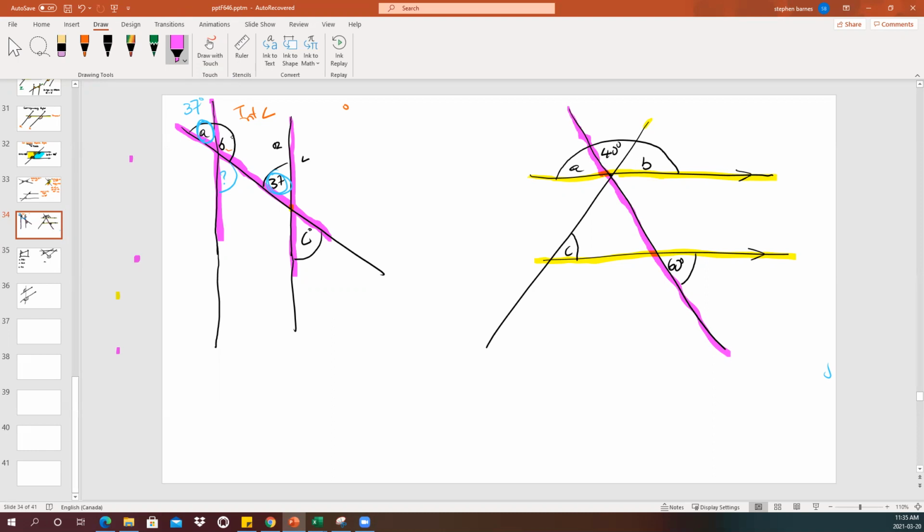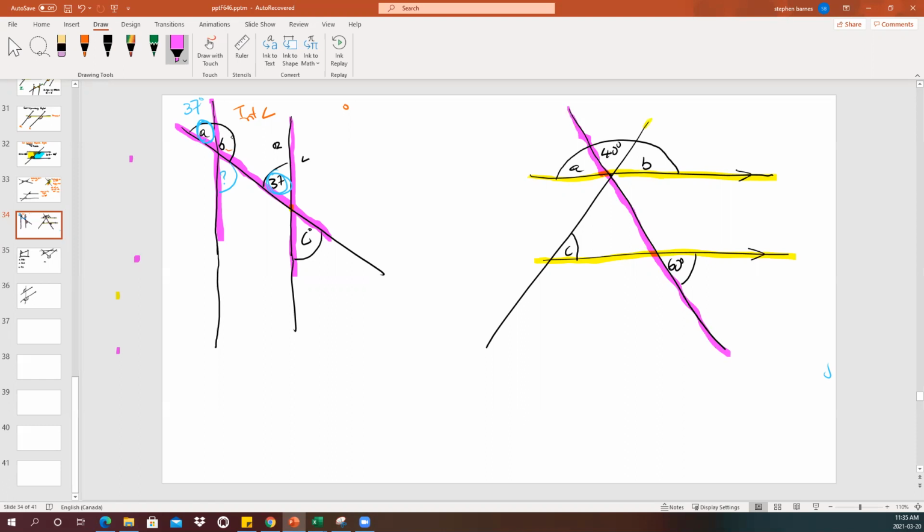And so we know there are several things that can happen when we have a transversal, right? One of those things is that you can have complementary angles. You can find Z angles or you can find interior angles, right?